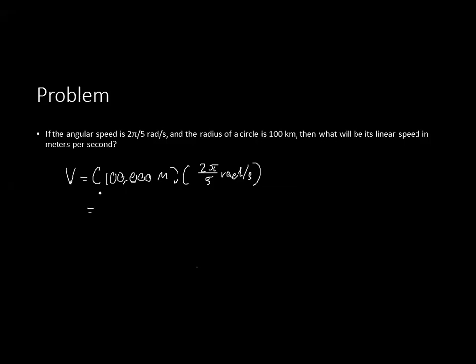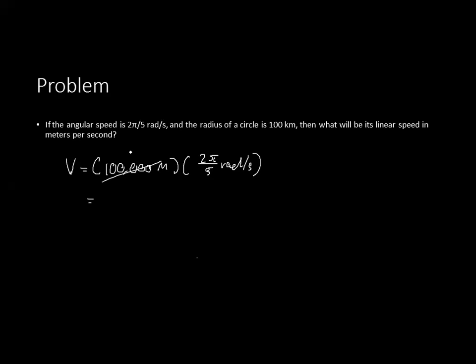So 100,000 meters divided by 5 is, sorry, 20,000 meters.